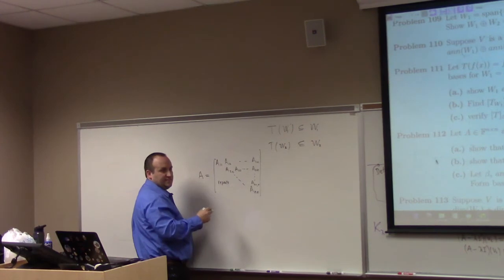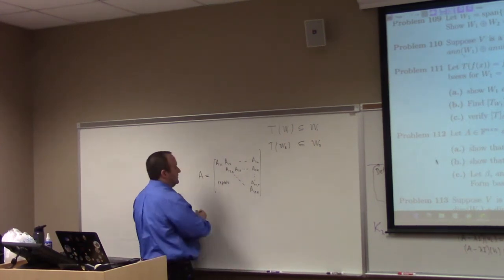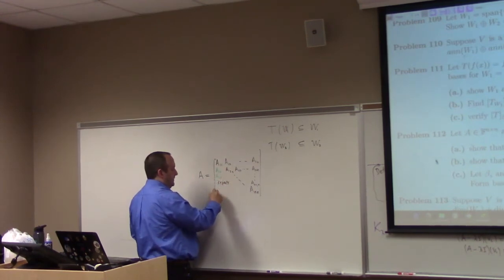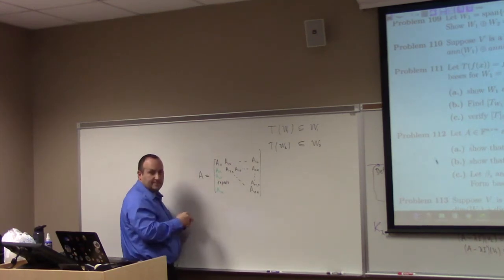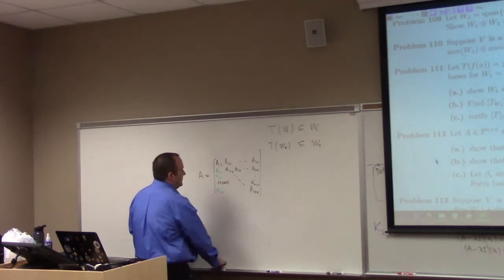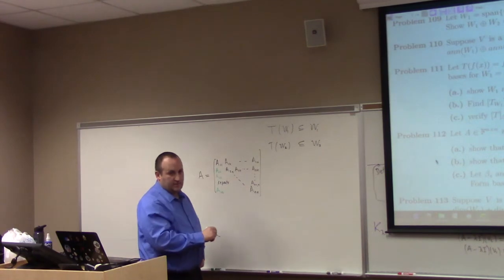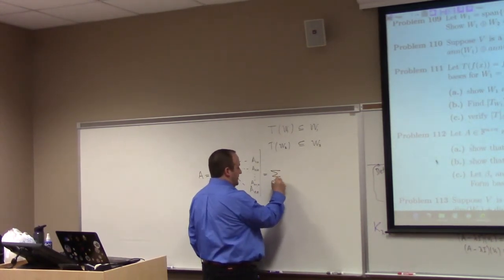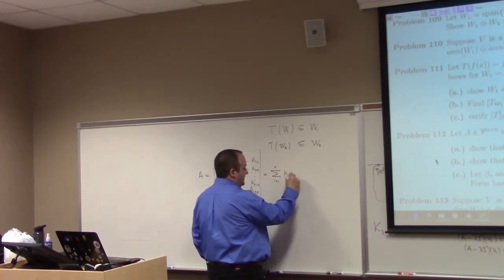In other words, if I write it in a different color, I've got A12 again here, A13 again here, A1N again here, for example, by the symmetry. So you've really got a sum, i equals 1 to n, of aii eii, right?